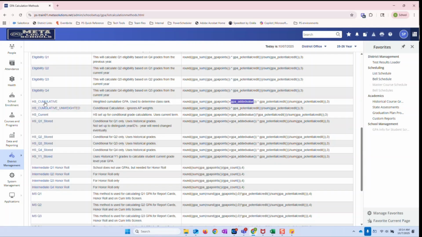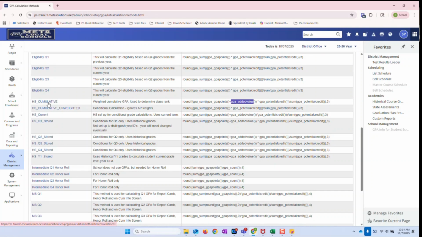And I'm going to go into a couple of these calculations and talk about the kind of parameters that we're going to set. But any general questions about differences in GPA calculation? I am not seeing anything in the chat. All right, but feel free to take yourself off mute if you do have a question.